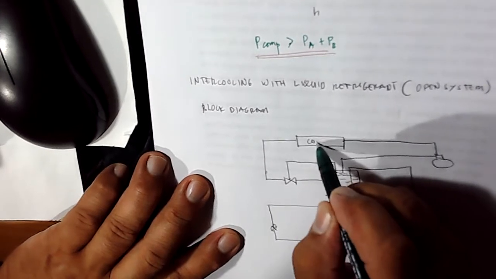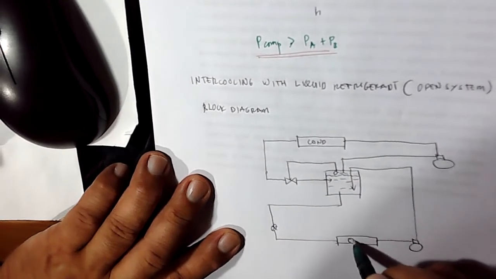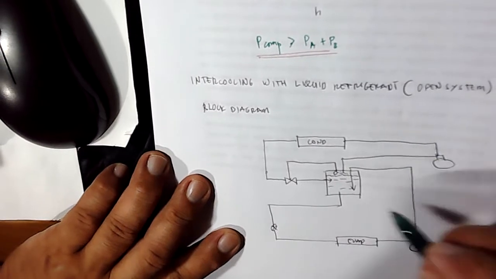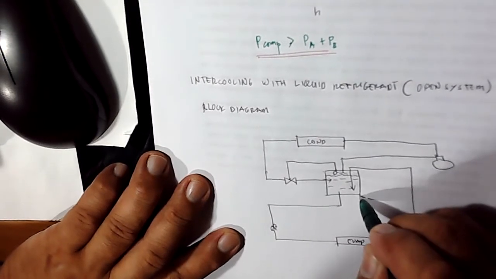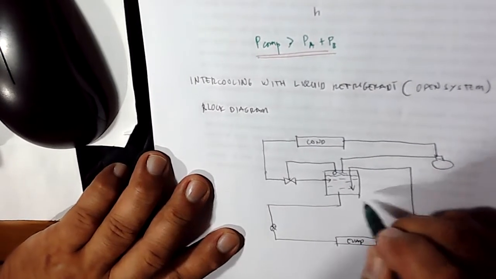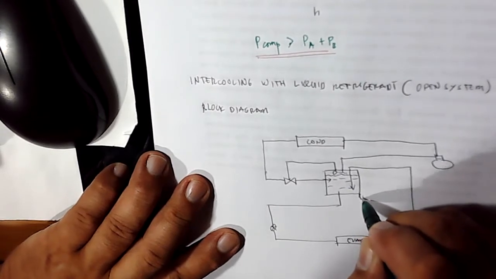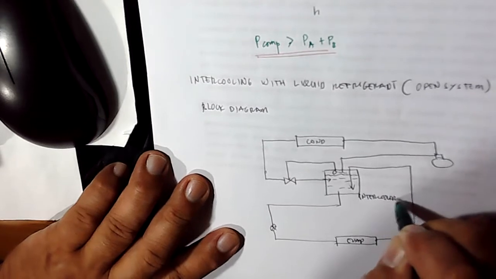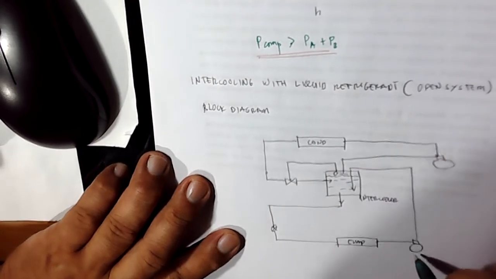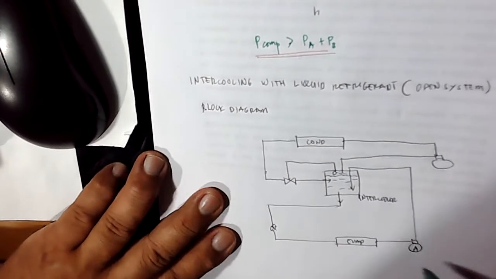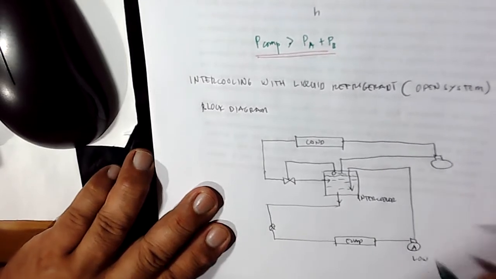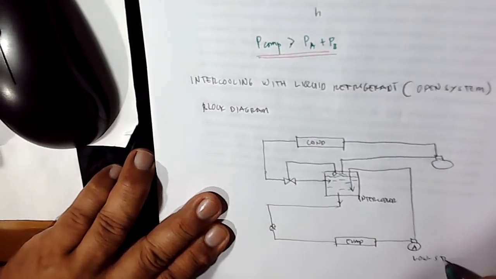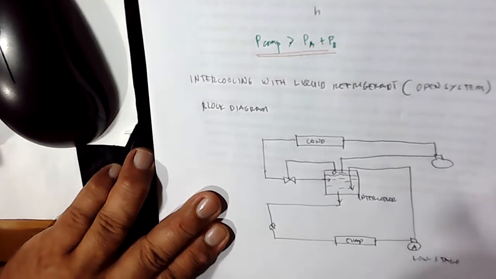Okay, we have the condenser, the evaporator, we have the open system intercooler. So you have your intercooler. You have your compressor A, which is the low stage compressor.